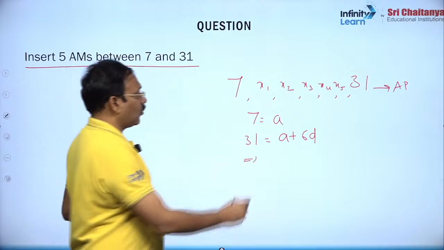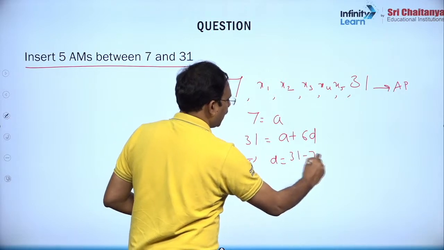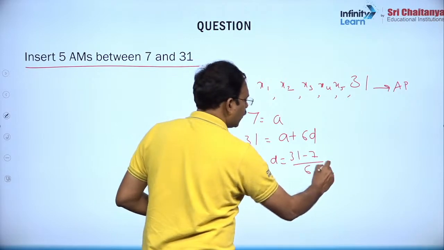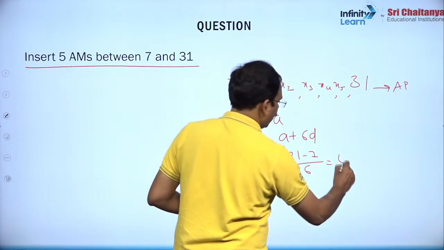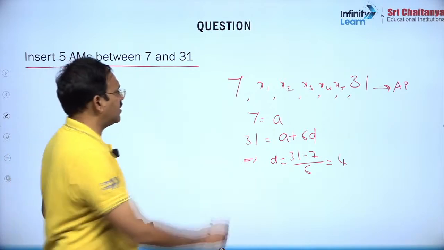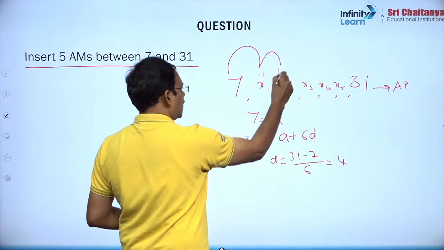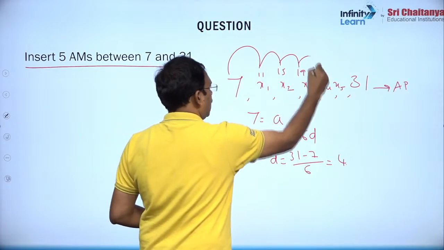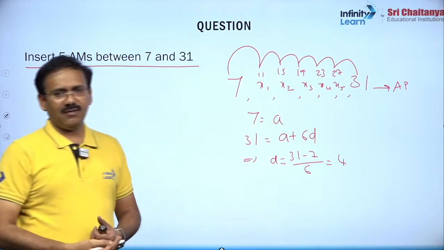So what can you say about D? D is nothing but 31 minus 7 by 6, which is 24 by 6, so 4 is the answer, right? Once you know the common difference, you can write these terms: 7 plus 4, 11, 11 plus 4, 15, 19, 23, 27, 31, that's all.